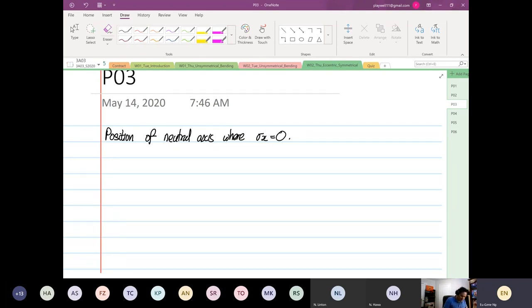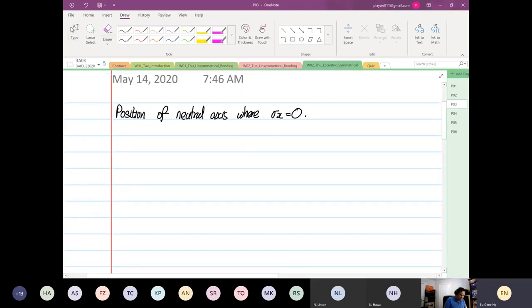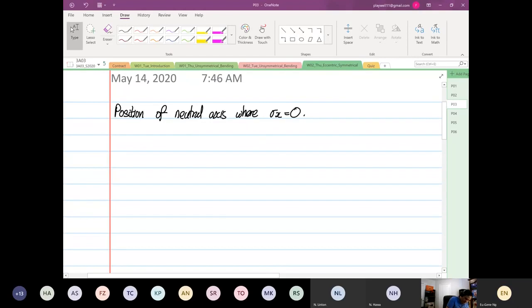There are ways to do this. Let me show you the mathematical way of doing it. Stress X is equal to P over A minus My over I. This is a standard equation, which I call my equation number 1.